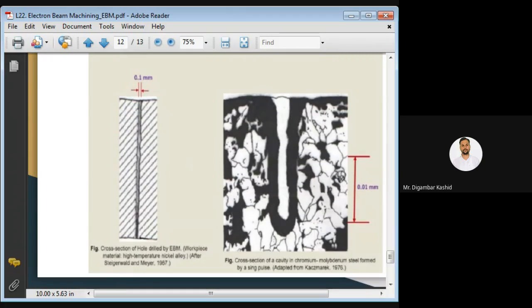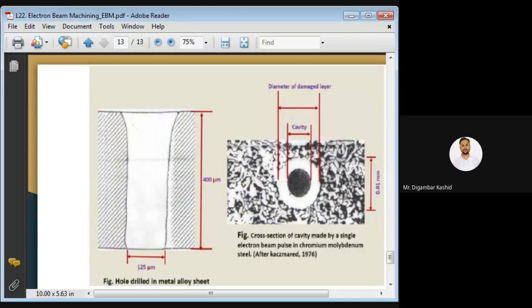Another diagram I will show. Here also you can see a hole drilled in a metal alloy sheet. This kind of hole is generated by this process. Here also is the cross section of the cavity made by a single electron beam pulse in chromium molybdenum steel.